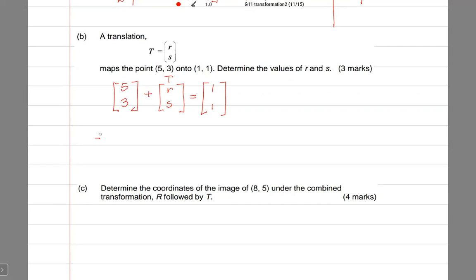Let's add the two matrices. Matrices of the same order may be added by adding corresponding elements. So this is 5 plus R at the top and 3 plus S at the bottom, and this is equal to 1, 1.